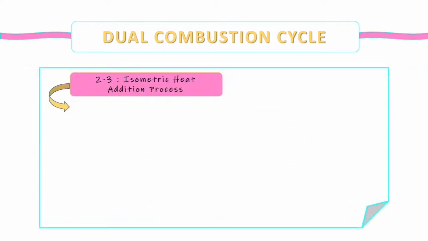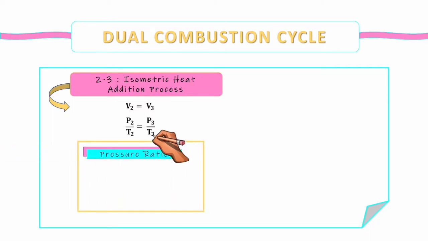At point 2 to 3, the isometric heat addition process, the volume is constant. So V2 is equal to V3, or P2 over T2 is equal to P3 over T3. In this cycle, we have an additional ratio, which is the pressure ratio.